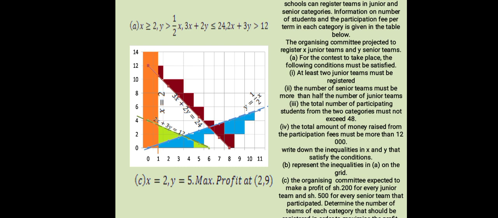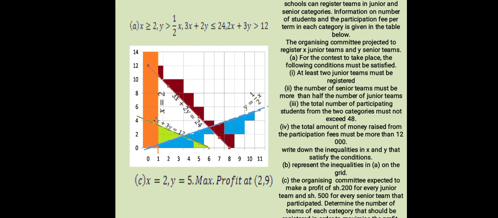In an inter-school mathematics contest, schools can register teams in junior and senior categories. Information on the number of students and the participation fee per term in each category is given in the table below. The organizing committee projected to register X junior teams and Y senior teams.